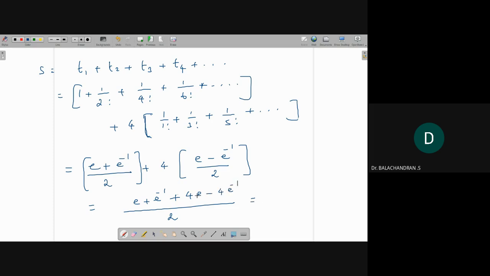So in the numerator we have 5e minus 3 into e power minus 1 by 2. I finished the problem. Even if you try that method, you will get the same answer. You can verify and check it later. Okay, sir. Thank you, sir.